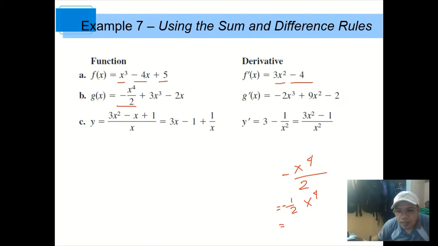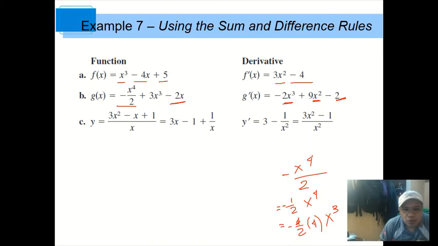So, mangyayari, negative 1 half times 4, then x cubed. So, 4 over 2 is 2. So, negative 2x cubed. 3x cubed: multiply 3 times 3 is 9. Then 3 minus 1 is 2. Kaya 9x squared. Then 2x will be 2. Kaya 2 minus 2.